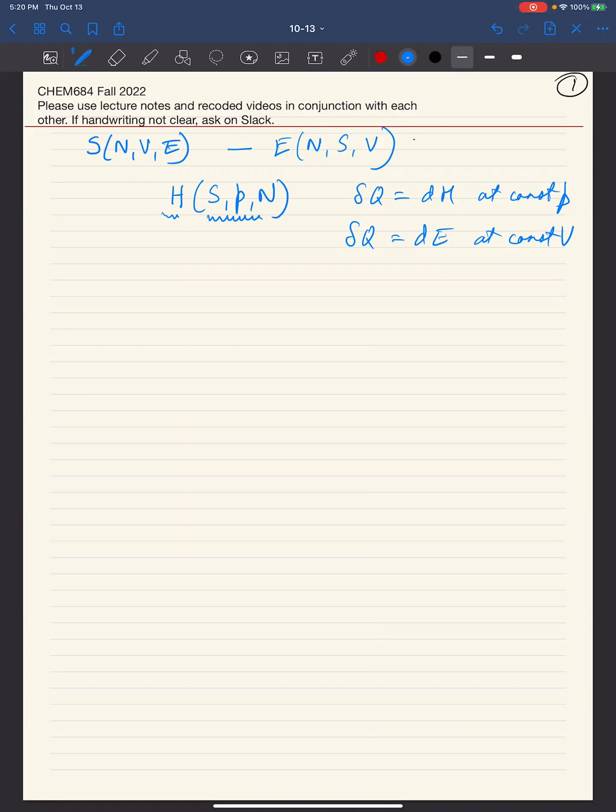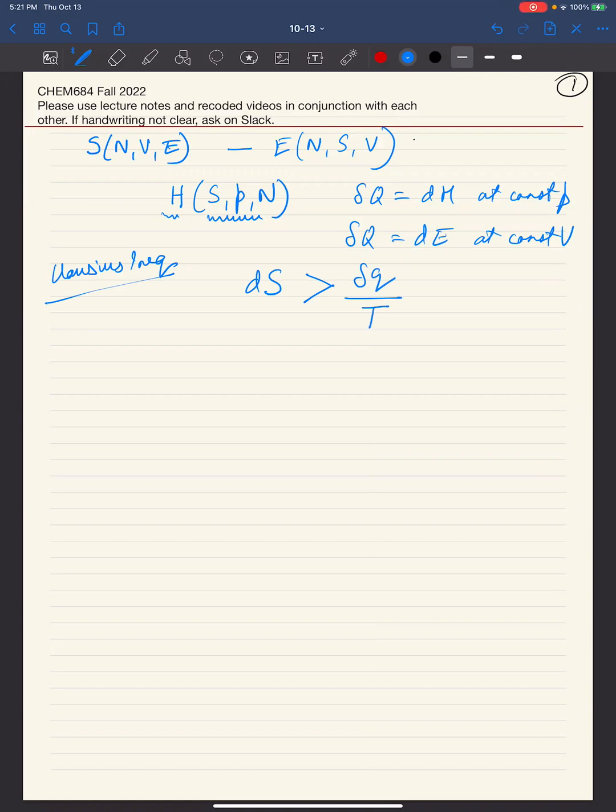How did we get to free energies? In order to get to free energies, we used our Clausius inequality, which said that the spontaneous direction is one in which dS is more than delta Q by T, right? If this is happening, it is spontaneous.